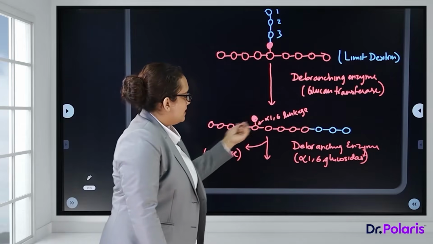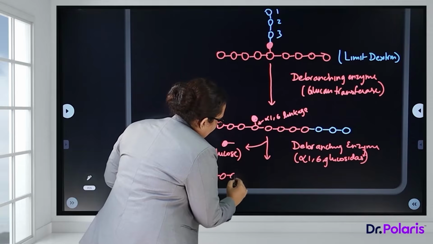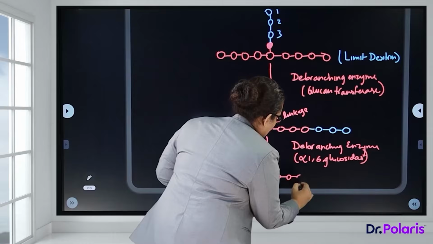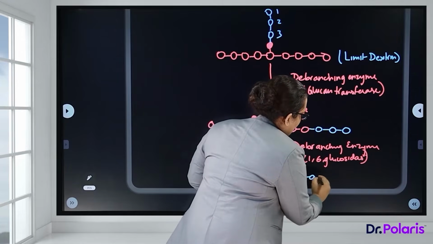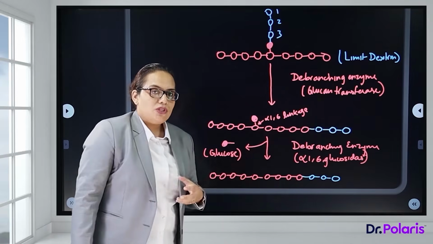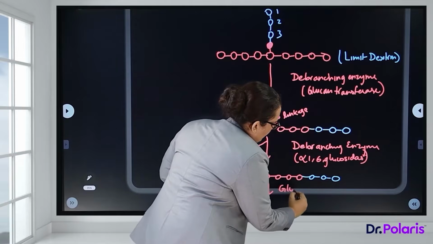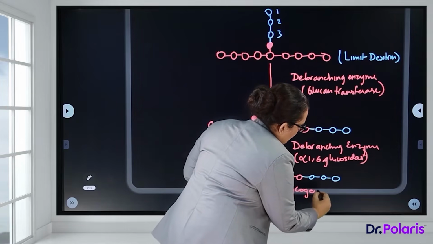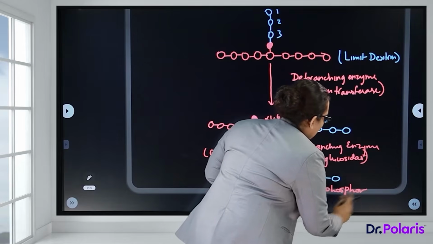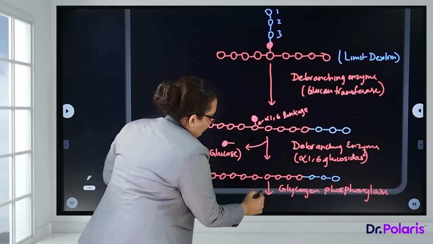So what is left once this glucose is removed? You're left with just the linear chain. Now it becomes very easy for glycogen phosphorylase to act on this. And glycogen phosphorylase removes each glucose unit as glucose 1-phosphate.